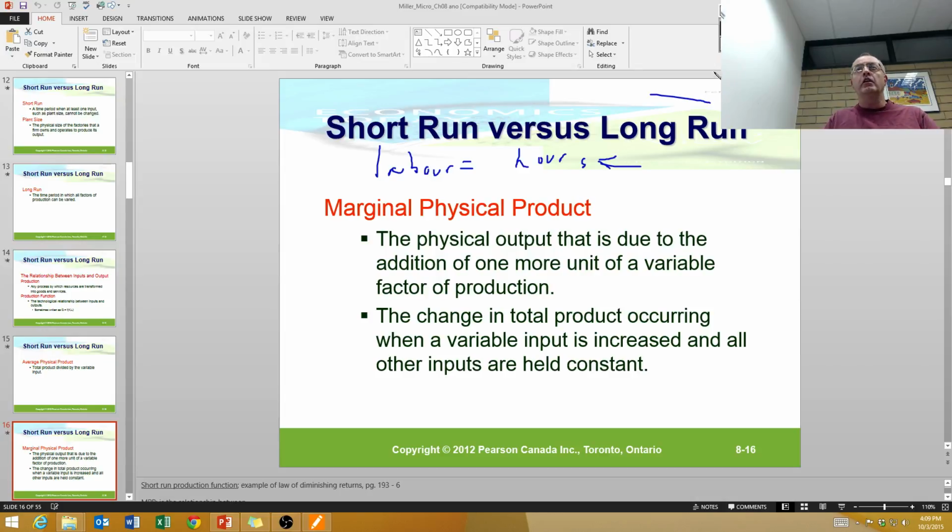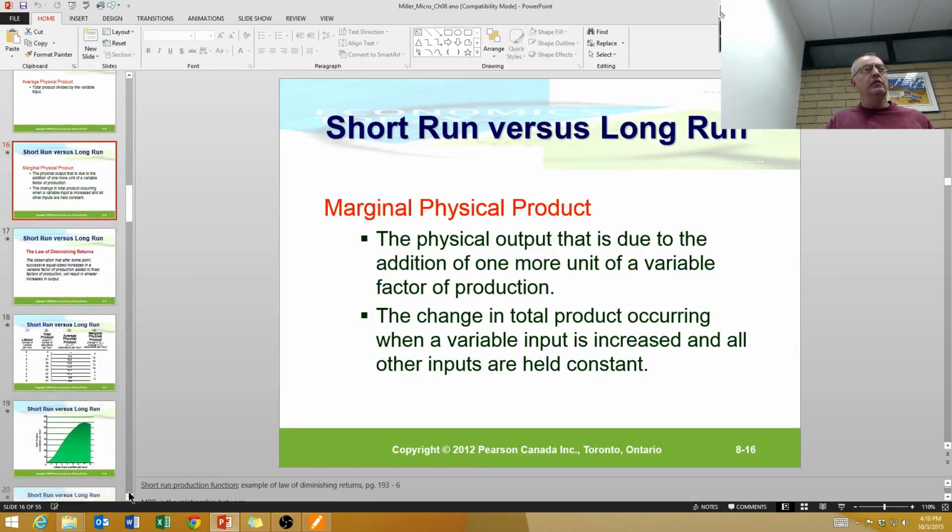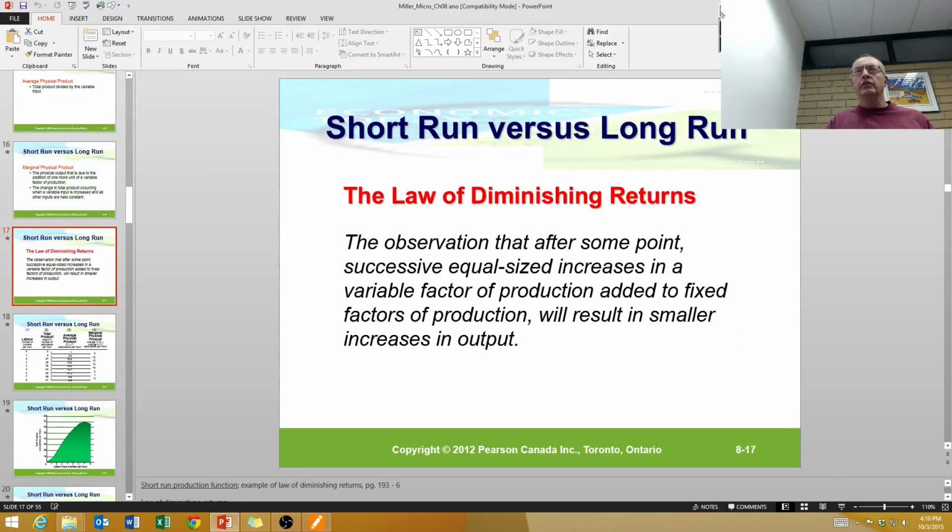Okay. So we have this concept of diminishing marginal returns. It's a common concept in economics, and I know we've encountered it before. So the production function is the relationship between the physical quantity of inputs and the physical quantity of outputs.